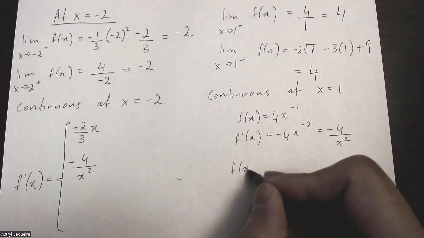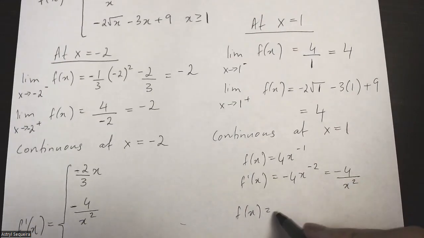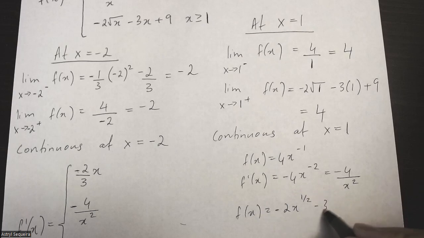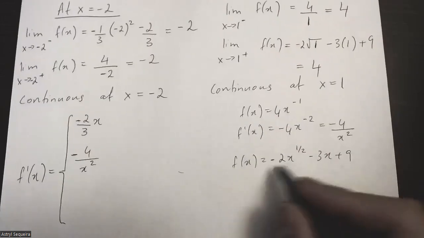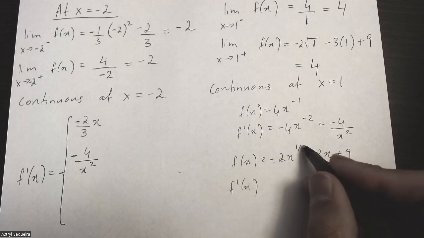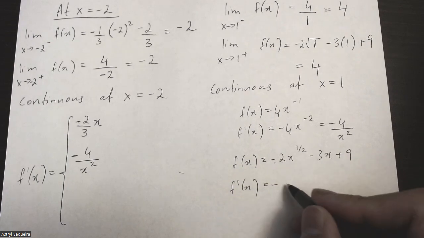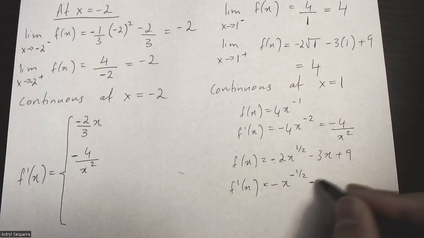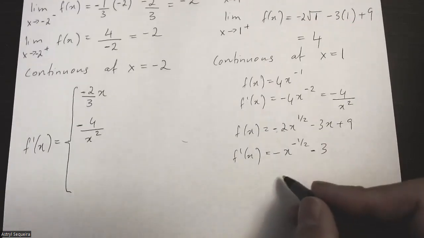Then the third function, again, I'll simplify the root. I'll rewrite this third function as -2x to the power of half minus 3x plus 9. Now I'll derive this. So f prime of x: -2 times half is just -1, and half minus 1 is -half. Then this is just -3, and the constant disappears.